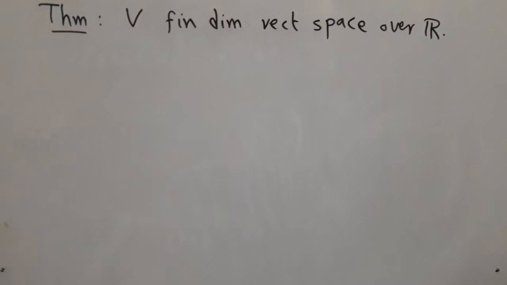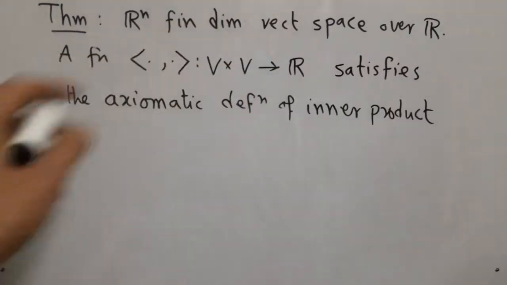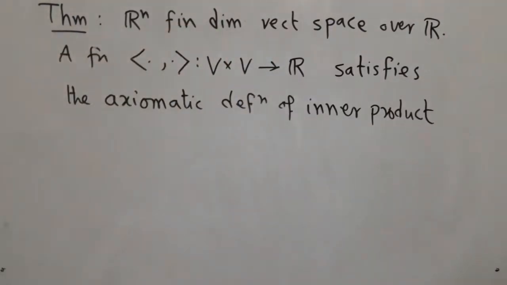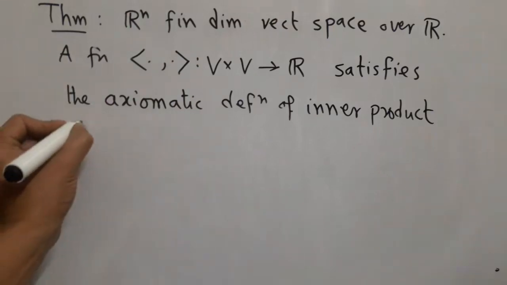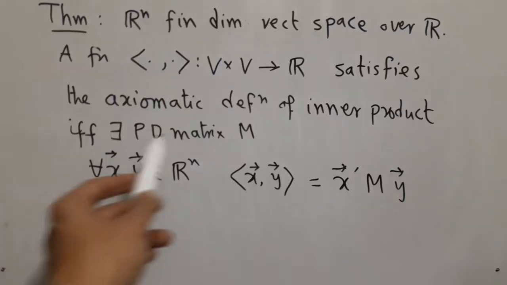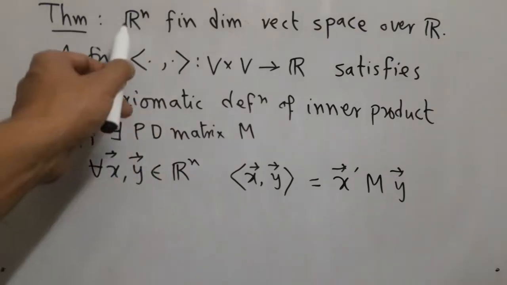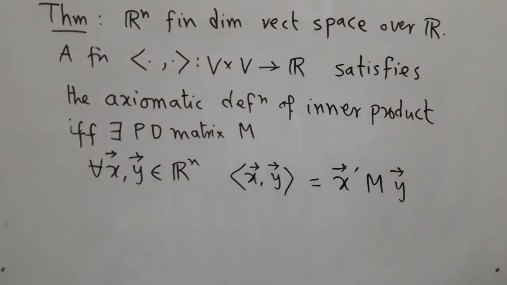We start with V, a finite dimensional vector space over R. Then we take any function from V cross V to R. Then it satisfies the axiomatic definition of inner product if and only if there is a positive definite matrix M such that for all x, y in Rn, the inner product of x and y according to this function is equal to x transpose M y. I have just changed from V to Rn because that makes the statement easier to read.